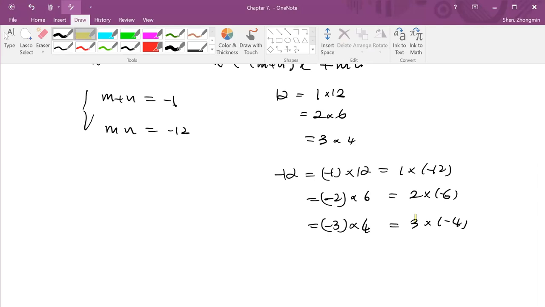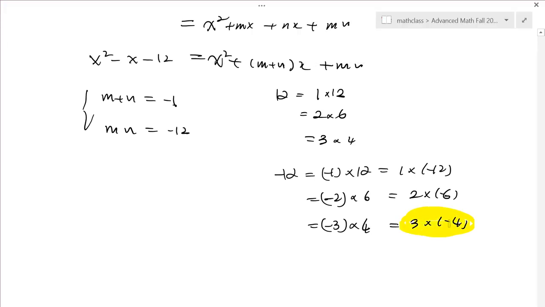Right? +3 plus -4 is going to be -1. So m times n is -12, and m should be 3, n should be -4. Then the product is -12, the sum is going to be -1.